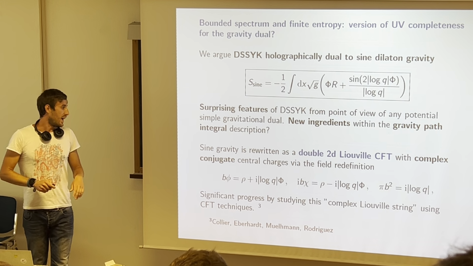We have seen in previous talks that in the semi-classical approximation of the partition function, DSSYK takes this form, where this piece is the energy that is parameterized as cosine of theta, where theta is an angle. So, as I anticipated before, the spectrum has a finite support. And this would be the entropy part of the on-shell action that one can read from here.